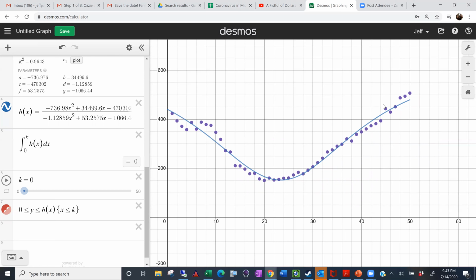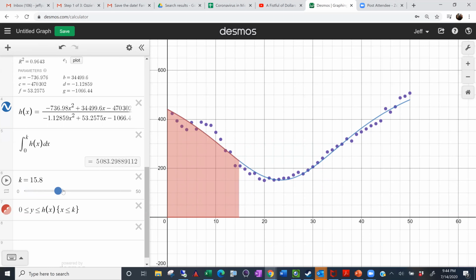But the point I want to get to is if we were to be able to integrate the rate at which these cases are occurring, then that should give us an idea of the total number of cases here. So what do we do when we integrate? Well, we're trying to find the area between the curve and the x-axis, and that would look like this.